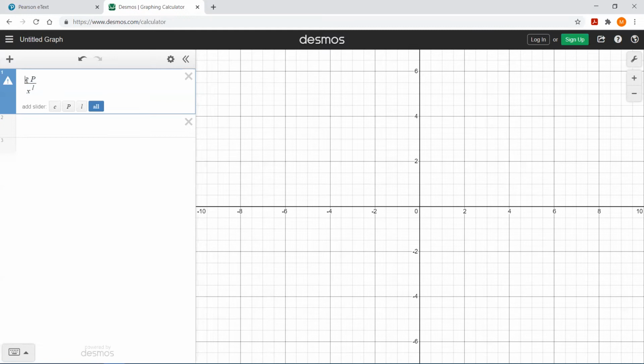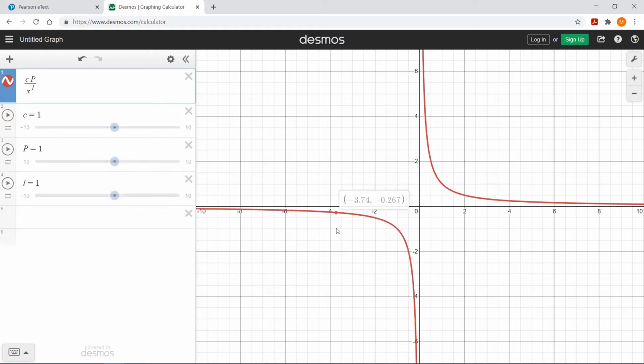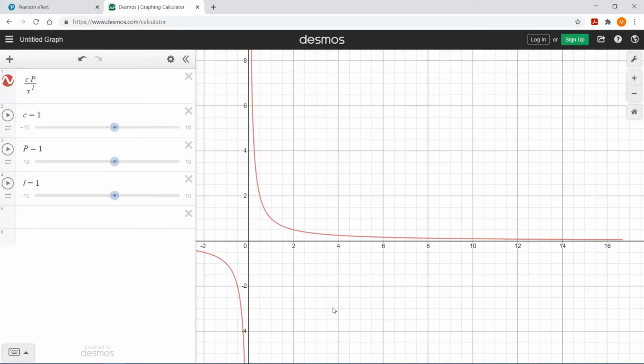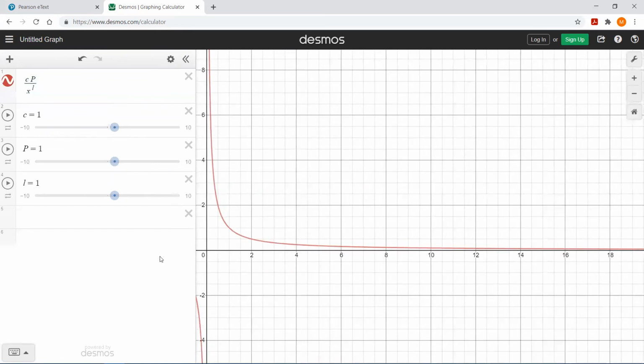It's the coefficient in front of power times x to the unknown power, or r to the unknown power. I'm using the letter x for the horizontal coordinate. That really should be r, the distance from the source. And the exponent, which they call x, the unknown power of r, I'm actually calling lowercase l. Make these all parameters. Okay, and obviously we're only interested in positive values of r, the distance from the origin.